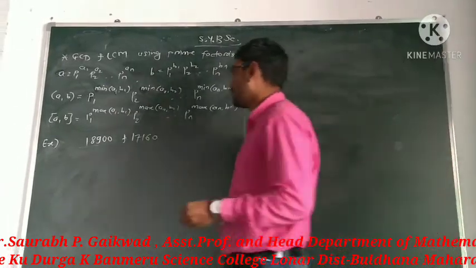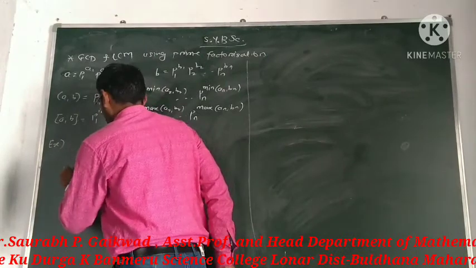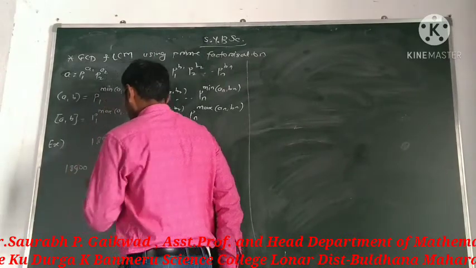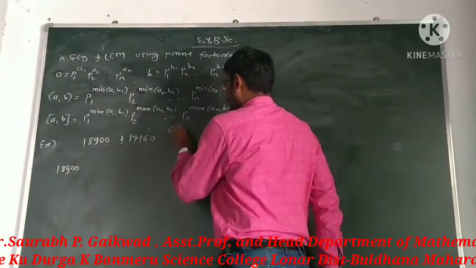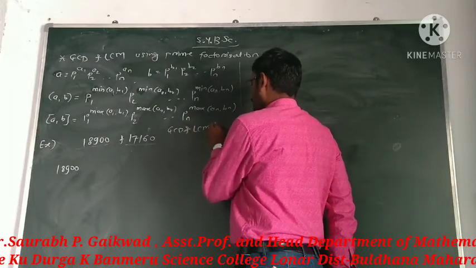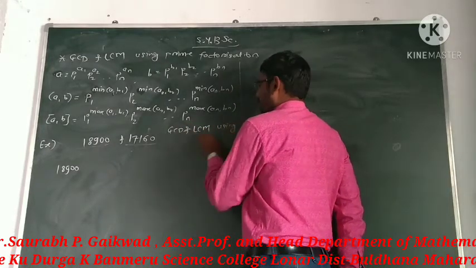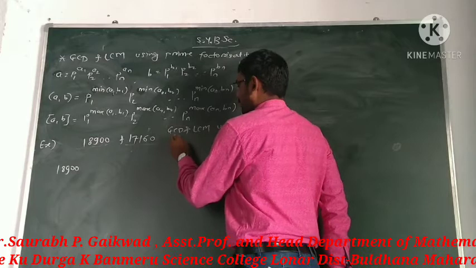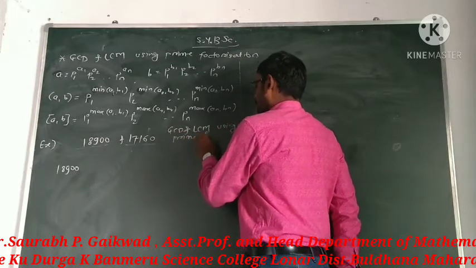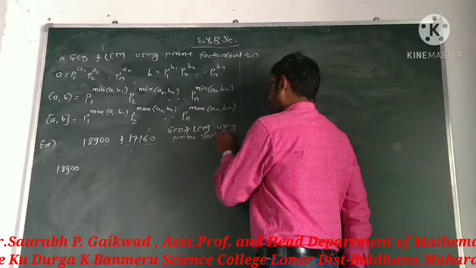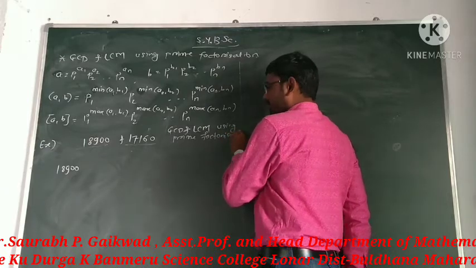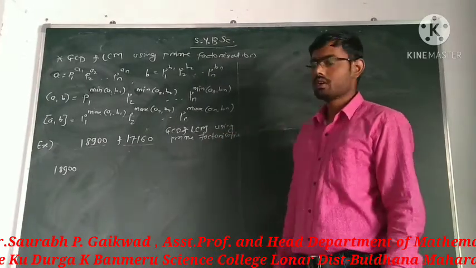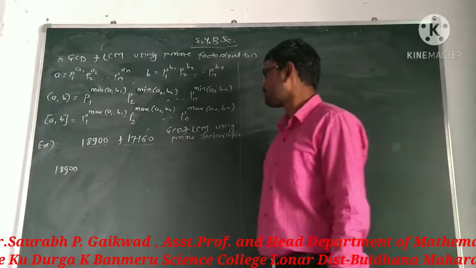So first we will factor 18900. The question is to find GCD and LCM using prime factorization.